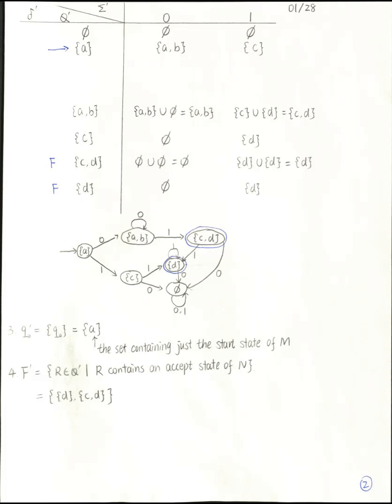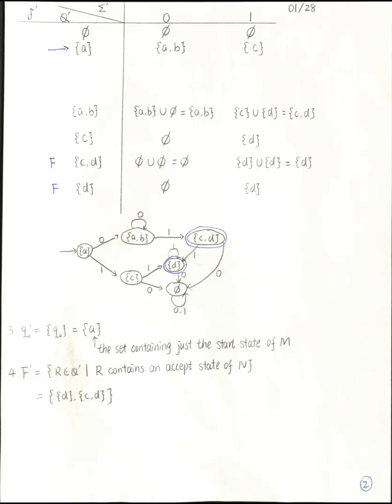That means we have reached all the states that are reachable from the start state and computed their transitions on each symbol. Remember, for a DFA, for each state, there need to be as many arrows out of it as the size of the alphabet.